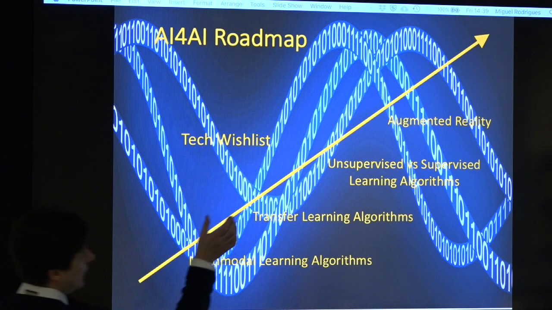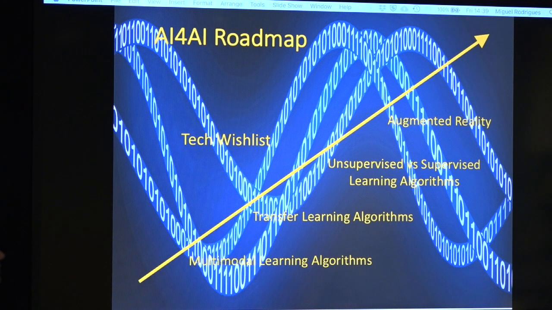And the other aspect that needs to be developed, and we are starting to take some early steps in that direction, is unsupervised learning. Many of the successes of deep learning were done in a totally supervised way, in the sense that we give it huge data sets, but these huge data sets are also annotated.